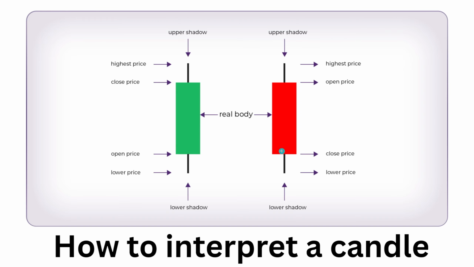Once it closes, it completes the full candle, and you'll see that its closing price would have been below its opening, which would make it now a red candle, a selling candle. These can also be interpreted as a bullish candle, where the price closed above the open, and a bearish candle, where price closed below its opening price.